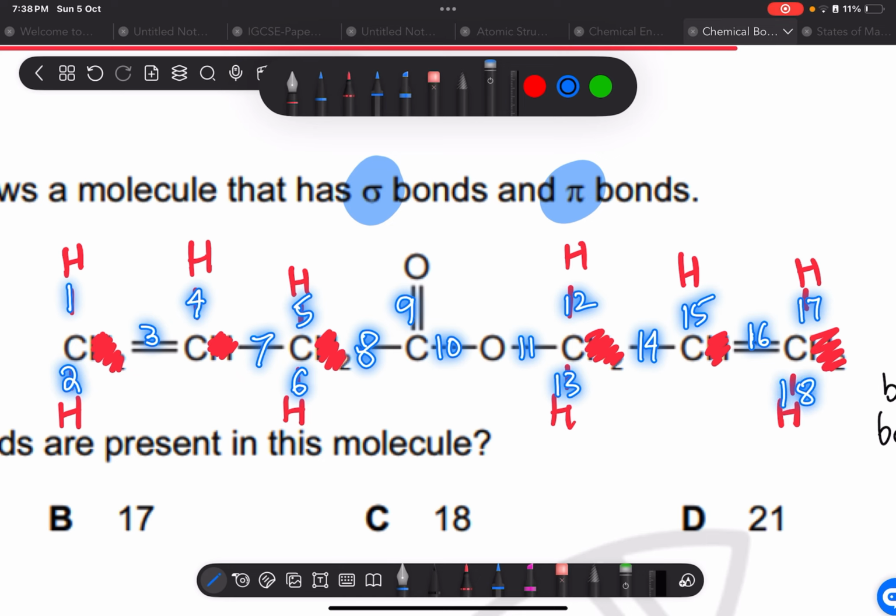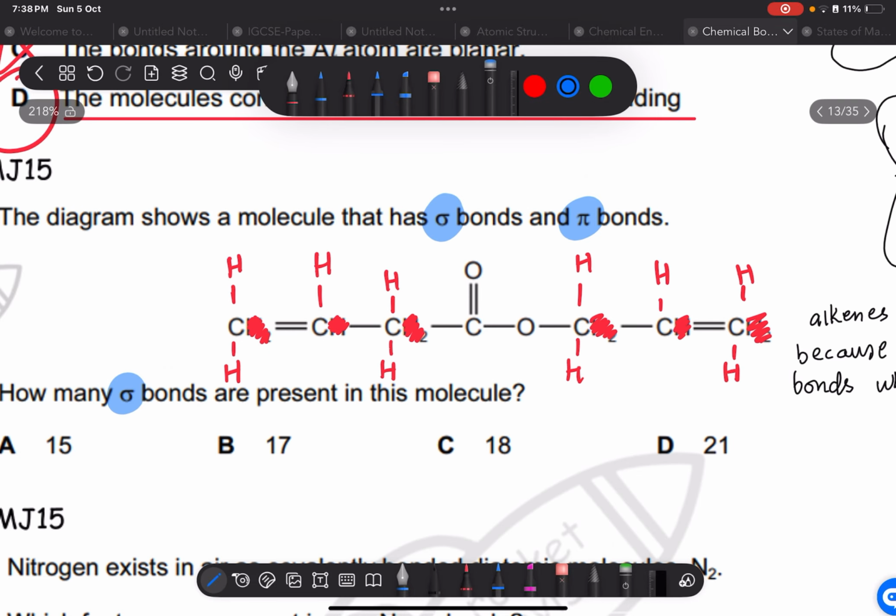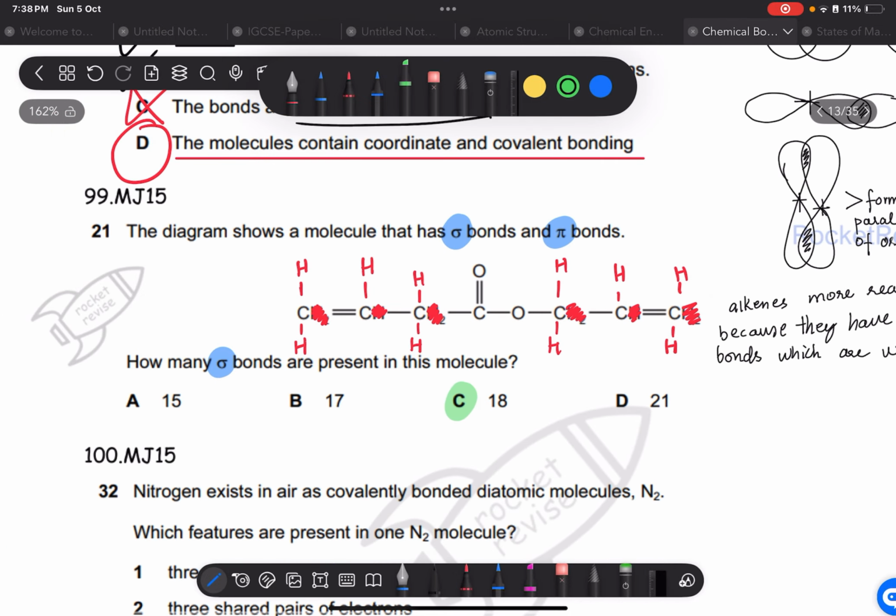Did I miss anything? 1, 2, 3, 4, 5, 6, 7. I guess I didn't. There are 18 sigma bonds, and the second bond we didn't count because it's a pi bond. So the correct answer for this is going to be 18 sigma bonds.